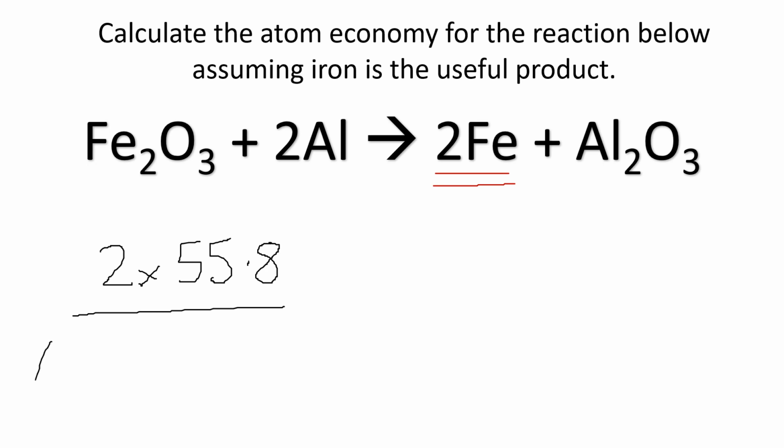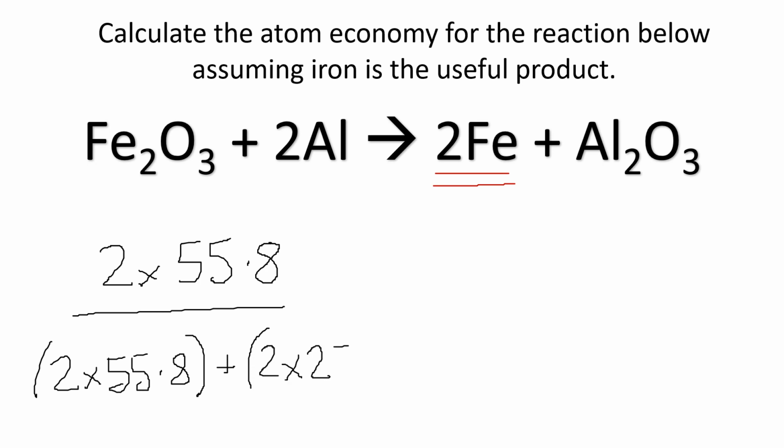So that's going to be your 2 times 55.8 for the iron, and then you've got 2 lots of aluminium, which is 2 lots of 27, and 3 lots of oxygen, which is 3 times 16. Times this by 100.